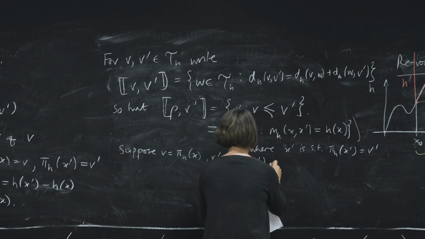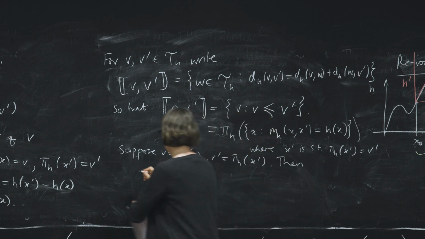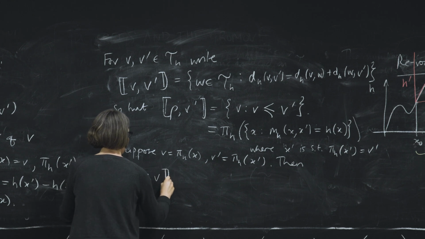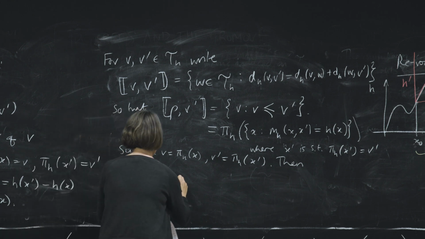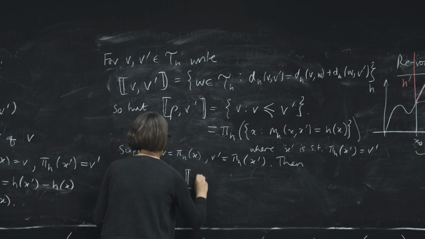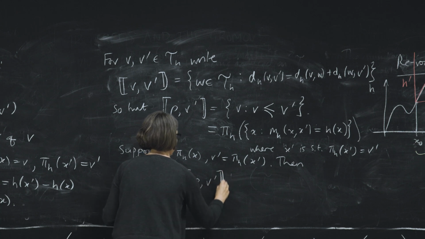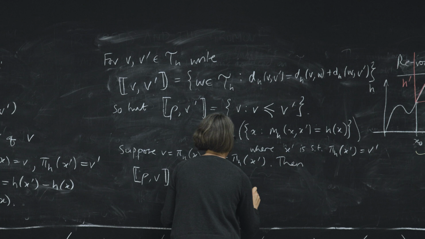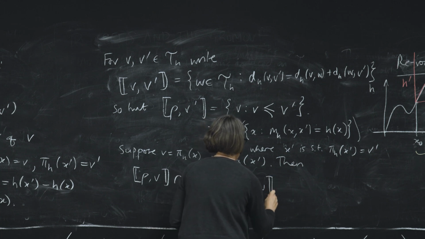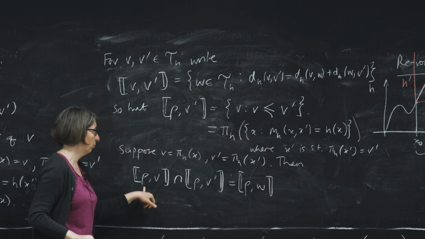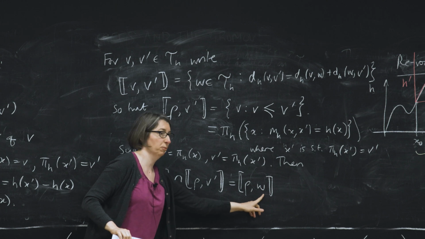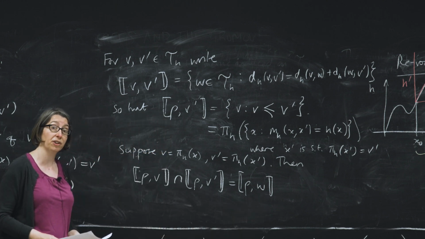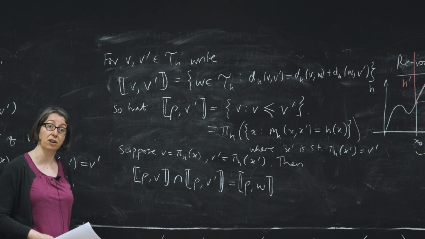Then if I take the collection of ancestors of v, and I intersect that with the collection of ancestors of v primed, well then, that's necessarily going to be some path up to w for some w. And this w is what I'm going to call the most recent common ancestor of v and v primed.